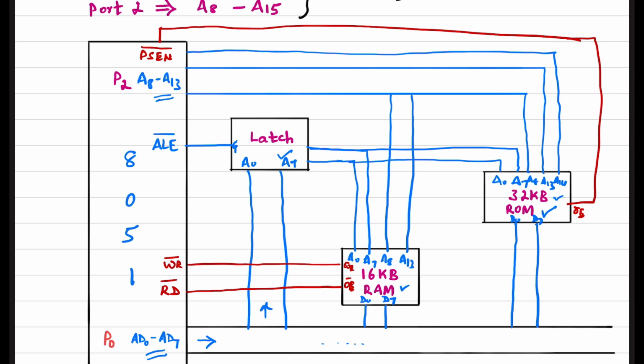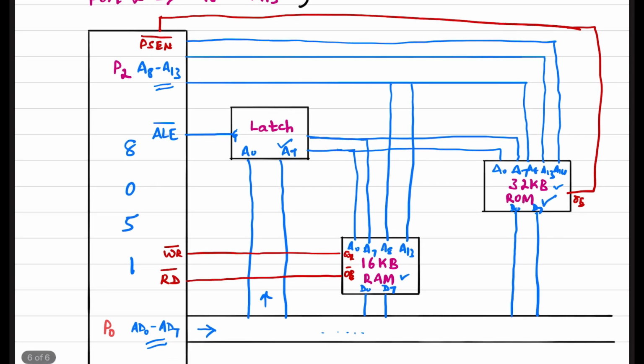So this is all about the interfacing of 8051 with the external memory, RAM as well as ROM. Here there is a consideration that complete data is being read from the external memory only. That means the external memory starts from the memory location 0000H.